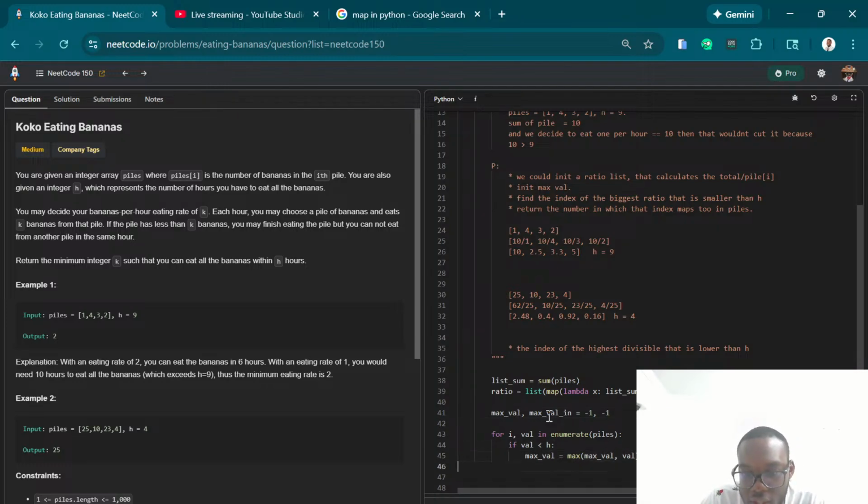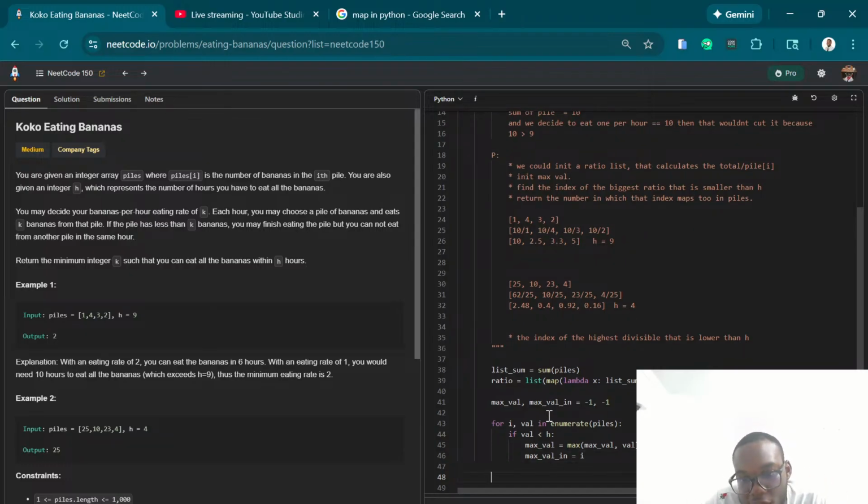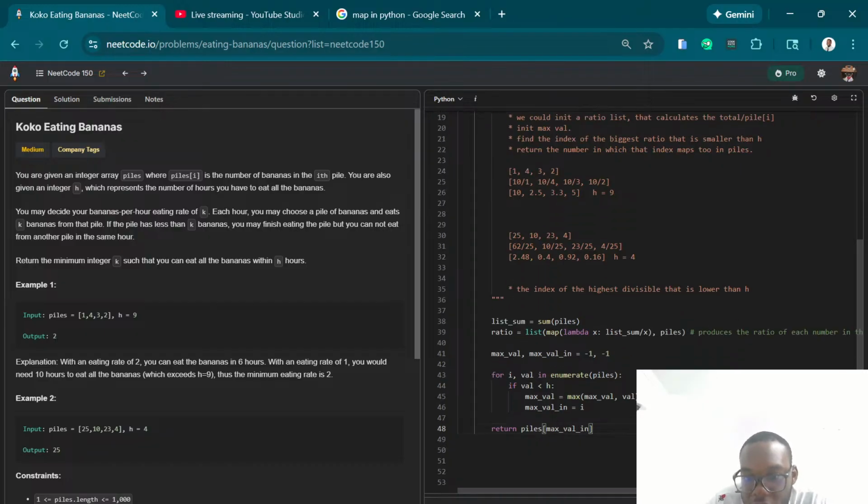The max val index is going to be equal to I. So now that we have that, we now just need the index. So it's going to now just return piles max. Yeah, it's very confusing, but let's see if this works.